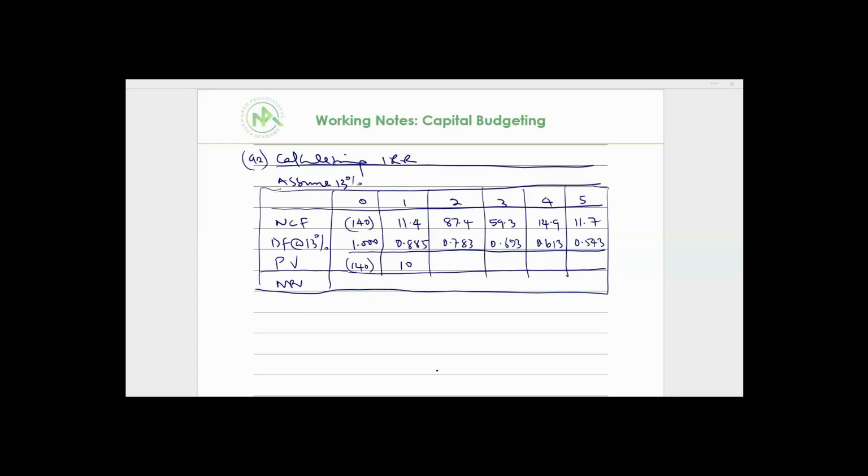Here is 6.4. Then 14.9, and the running total is 58.43, then 68.43.